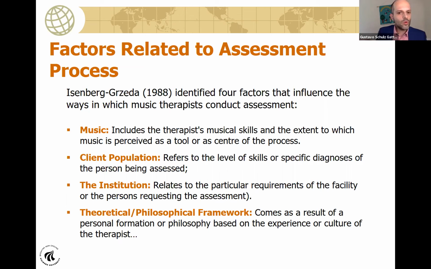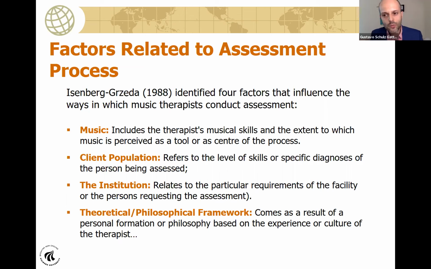However, if I'm working with an autistic child, for example, and I want to see what is going on every week, maybe I will use a different strategy, and also the specific domains or areas that I will assess will be different considering the different conditions or populations.